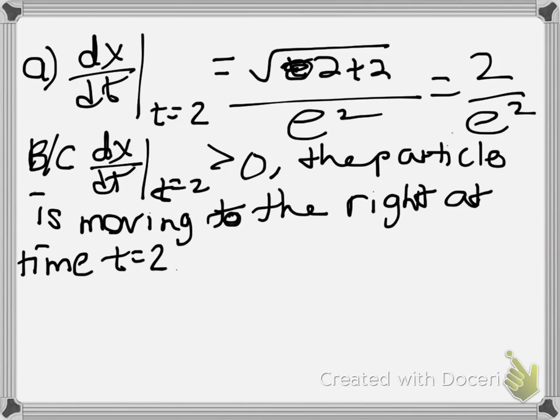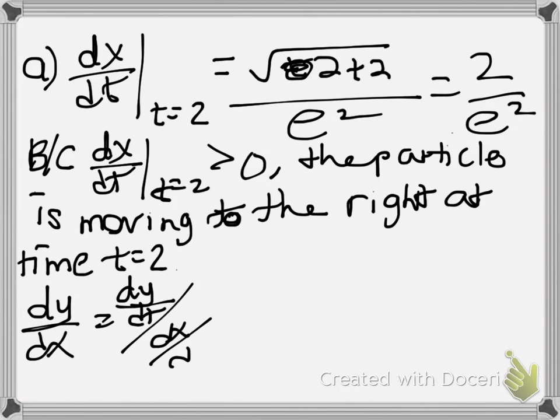Find the slope of the path of the particle at time t equals 2. The slope dy dx equals dy dt over dx dt. We're evaluating that at t equals 2.